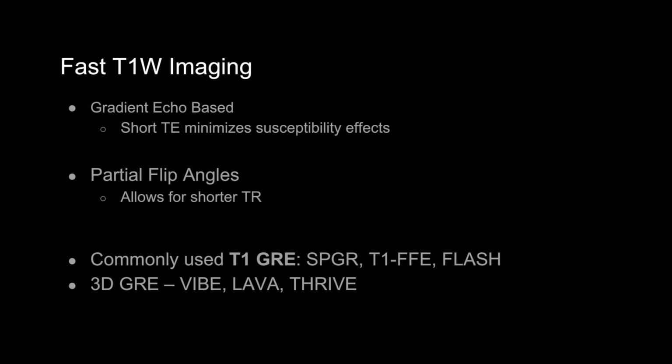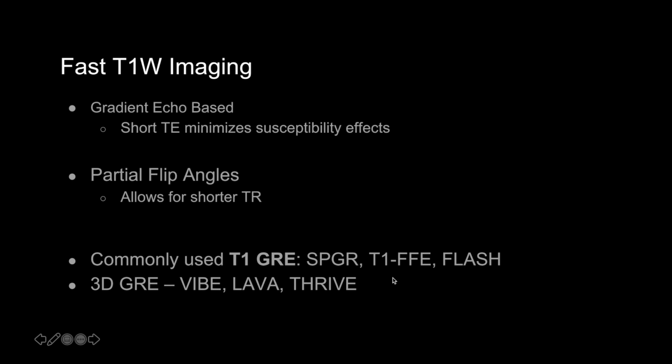Fast T1 weighted imaging is used in abdominal imaging for 2D and 3D T1 weighted sequences. The 3D ones are often used for post-contrast dynamic imaging, for example through the liver when we're characterizing tumors. These are some examples of T1 gradient echo based sequences that we use in abdominal imaging, and these are some examples of 3D versions of these sequences.